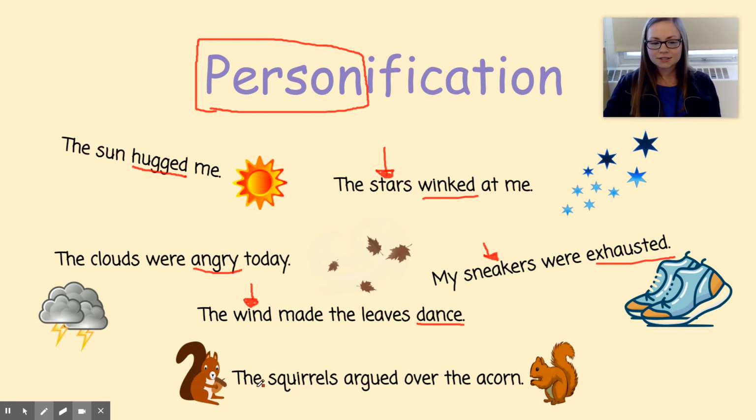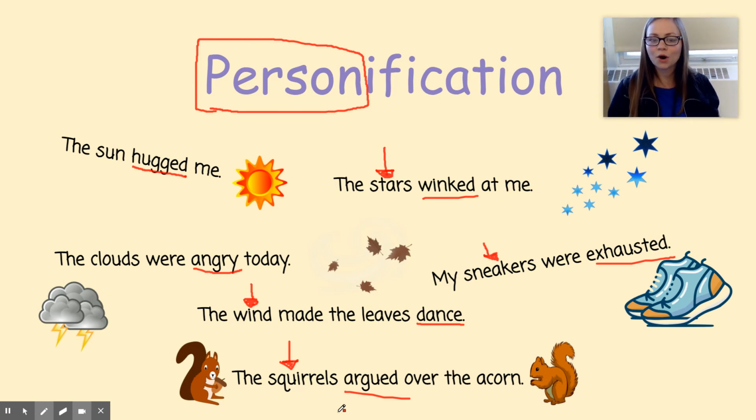So let's look at this last example. The squirrels argued over the acorn. So this one is giving an animal, the squirrels, human-like characteristics. What is it saying that the squirrels are doing? Arguing. Okay, that they argued over the acorn. Can squirrels talk to one another and argue about the acorn?